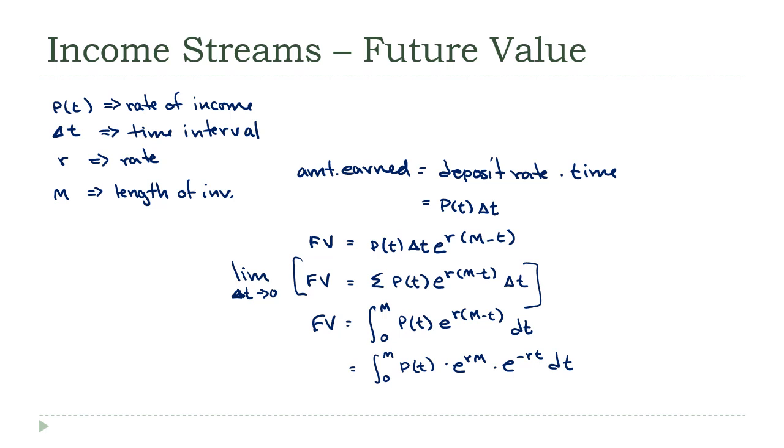Now, that e to the rm part has no t in it, so with respect to t, that's a constant. So I can pull that out in front and make this e to the rm times the integral from 0 to m of P of t e to the negative rt dt. That's my preferred version of the formula, the one I'll usually use.